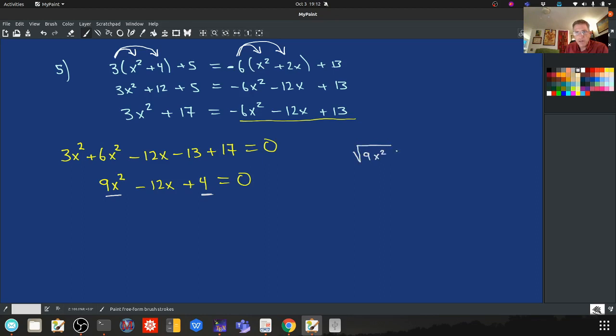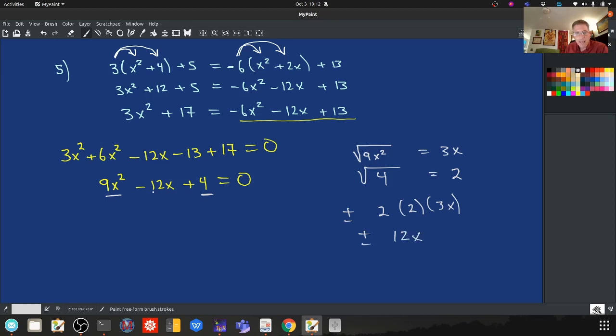9x squared, the square root is 3x. So I was able to get rid of the radical. The square root of 4 is equal to 2. So what is plus or minus 2? That's the 2 I multiply by these two terms. Well, that's plus or minus 2 times 2, which is 4. 4 times 3x is 12x.